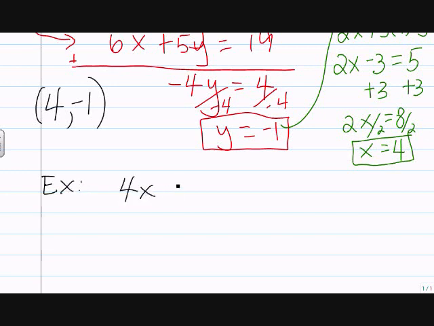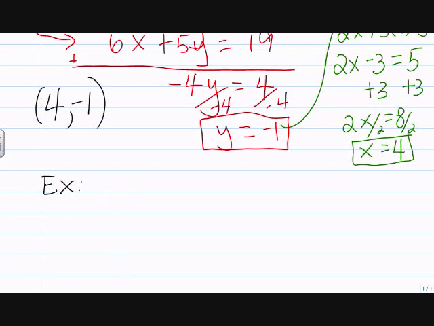So I've got 4x plus 5y equals 35, and negative 3x plus 2y, that's not the one I want to do. Okay, never mind. Sorry. I don't want to get one with really hard numbers yet. So let me go back and find a better example. I don't want fractions.